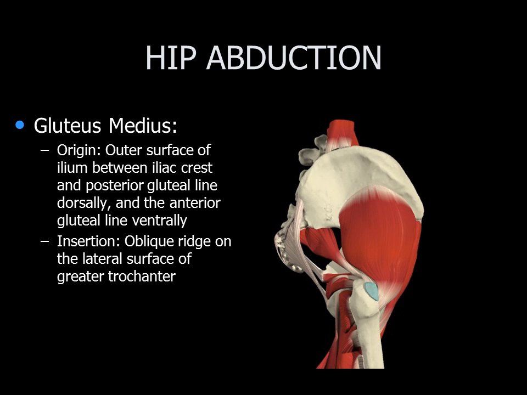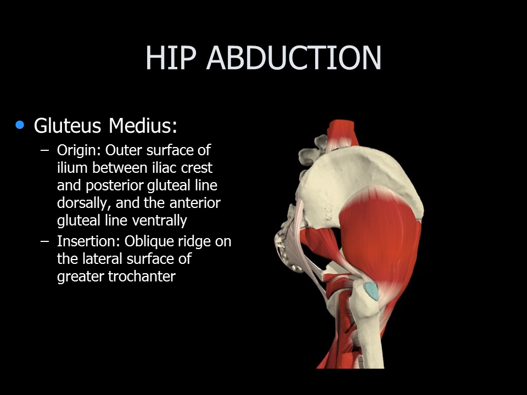Now, the gluteus medius muscle has its origin on the outer surface of the ilium bone between the iliac crest and the posterior gluteal line dorsally and the anterior gluteal line ventrally. That muscle then projects caudal to insert on the oblique ridge on the lateral surface of the greater trochanter.